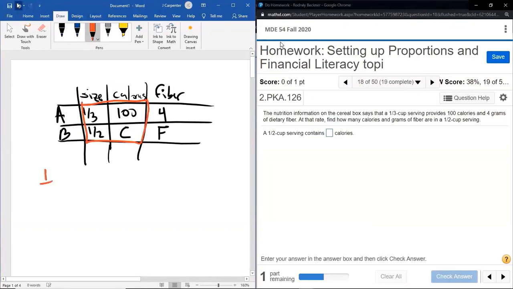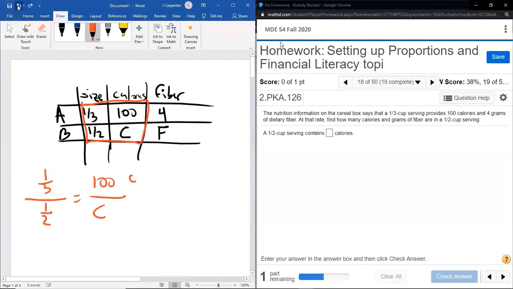So we could go 1/3, and I know this is annoying because it's a fraction, but sometimes life is annoying, over 1/2, and then equal to 100 over C. So again, this is the top left, this is the bottom left, then the 100 and the C are very obviously labeled.